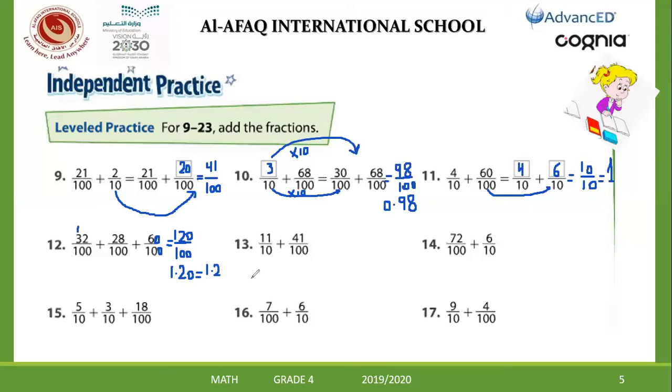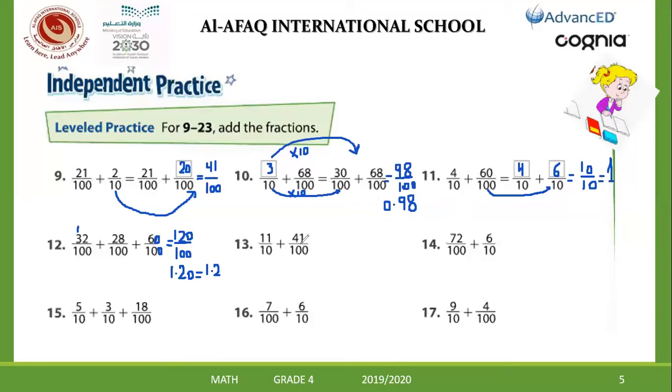Great job. Number 13. 11 over 10 plus 41 over 100. Miss, I want to change the fraction with denominator of 100 to a fraction with denominator of 10, like number 11. But take care. In number 11, when we changed the fraction with denominator of 100 to denominator of 10, its numerator was a multiple of 10, so it could be divided by 10.